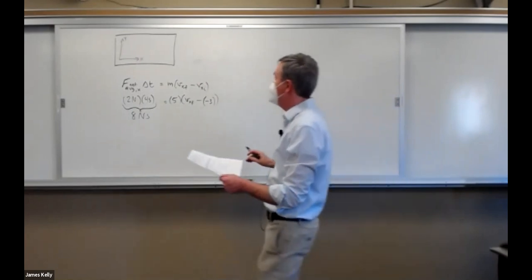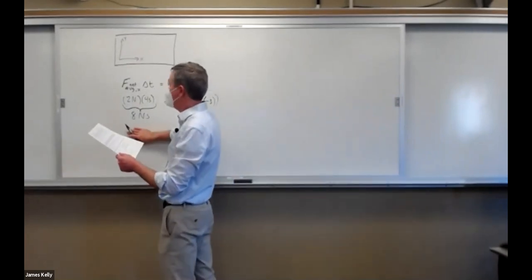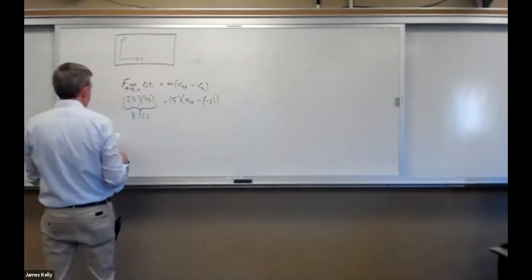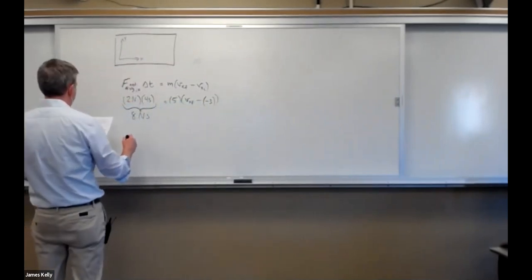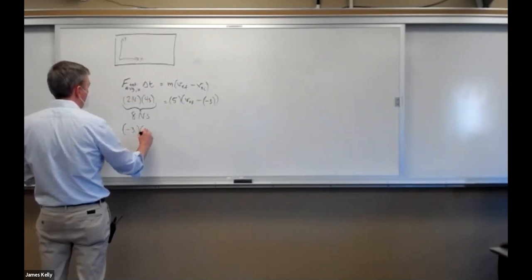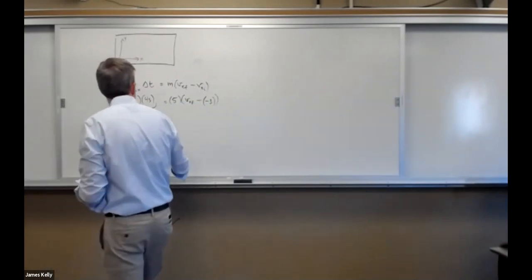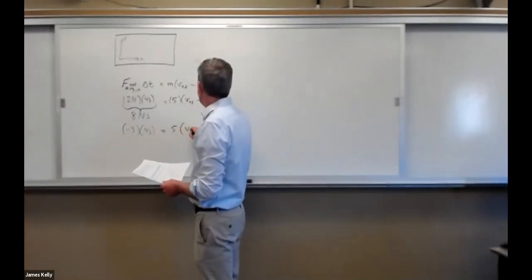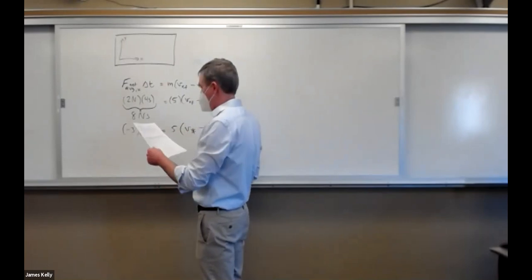And we're going to do the same thing for y components. Let me just write the y components down here without writing the y equation above it. The y force component is minus 3. It's being applied for 4 seconds also. And that same mass here, times Vy final minus Vy initial, which was minus 1.